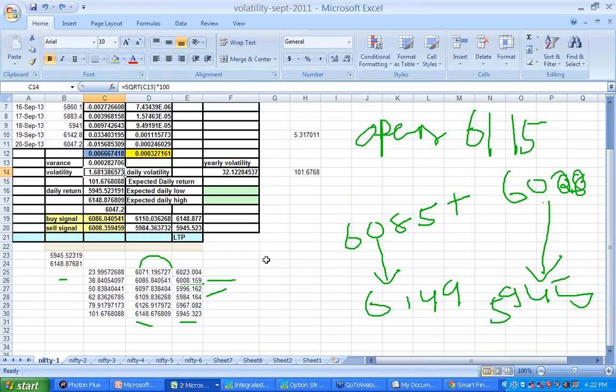In that trading day, if the volatility falls down, say 1.68 we have projected, but for the day, say within 1 hour we are getting only 0.5%, or the volatility started shrinking for the current day, that time we may not get any trading opportunity because these levels will never come. And even though we are getting one entry point, we will never achieve the targets because this volatility is not a real-time volatility. This is being derived from historic data. So it has these two limitations.